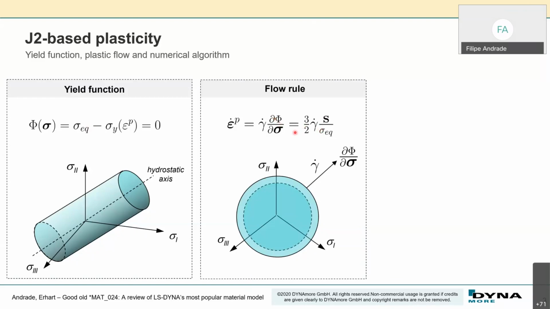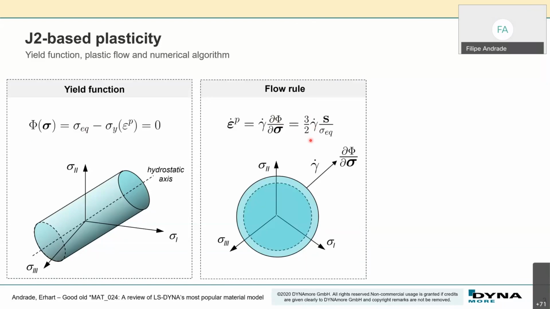So sometimes you make just a small change in the yield function, and the consequences in the flow rule are quite dramatic. That's one of the reasons why, if you try to get a little bit away from MET24 and use another material model, it gets more difficult to solve numerically, because the consequences of small changes in the yield function can be quite dramatic later on the flow rule, which tells you how much plasticity you have in your deformation.